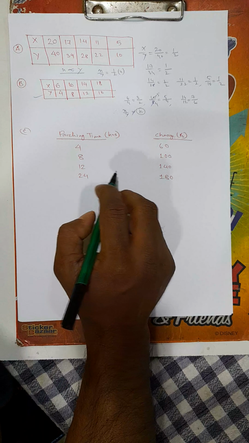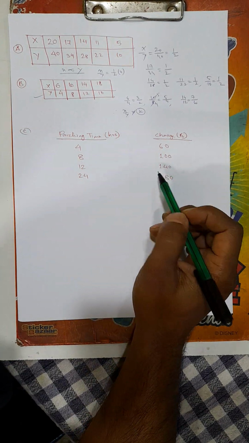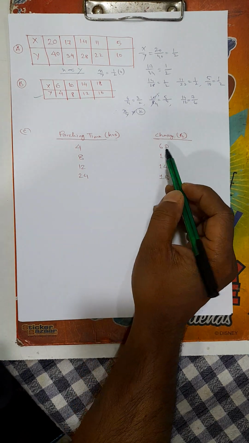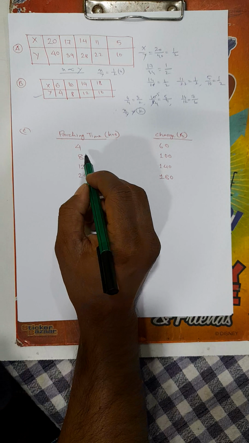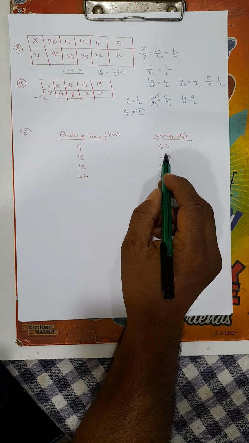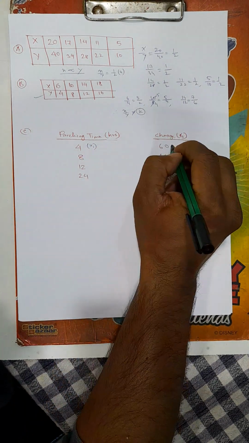Now let us take this third example, parking time and parking charge. Car parking time and car parking charge. When you park for 4 hours, the charge is 60. Let's denote this x1. Suppose this is y1.